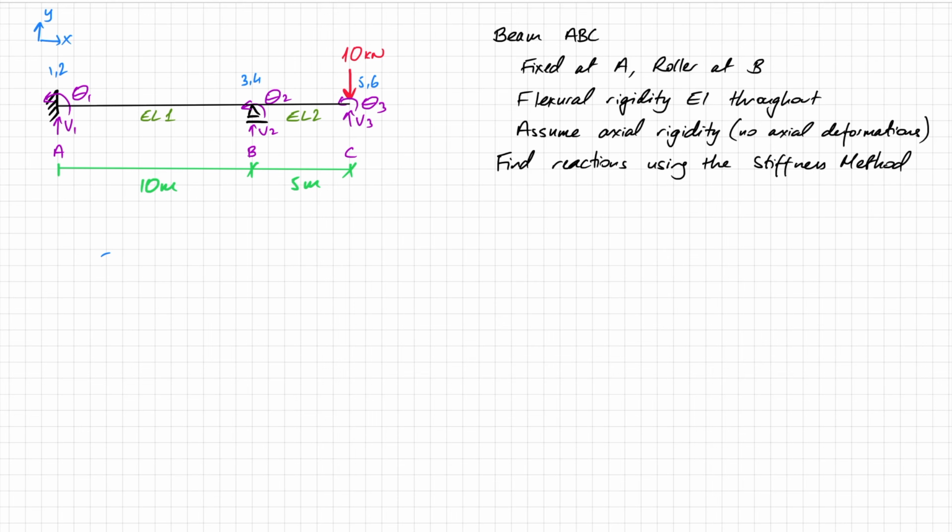Starting off with element 1, call that k1, small k because it is a beam element, and I'm going to have a 4x4. Here, 12 over L1 cubed, 6 over L1 squared, minus 12 over L1 cubed, and 6 over L1 squared. Next row: 6 over L1 squared, 4 over L1, minus 6 over L1 squared, 2 over L1.